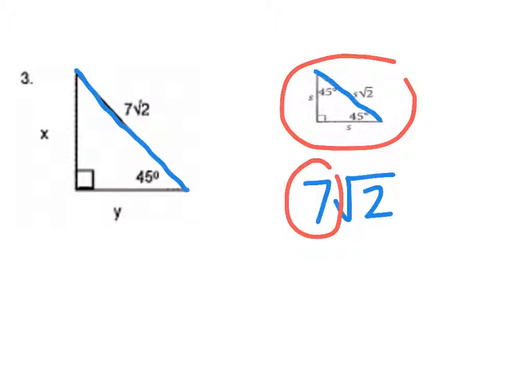And that's it. Both of these sides are equal. S and S are the same. So if this side is 7, this side is also 7. So that's pretty easy. This number out here is S. So those two sides are 7.